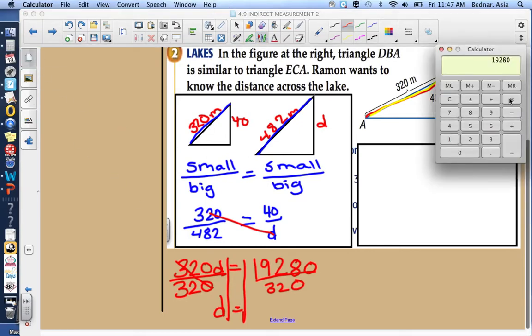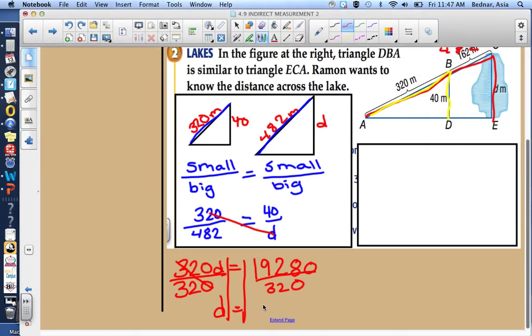Then I'll take my 19,280, divide it by 320, and I'll get 60.25. Remember the distances I was finding are in meters. So the distance is 60 meters and 25 hundredths, or 60 and 1/4 meter.